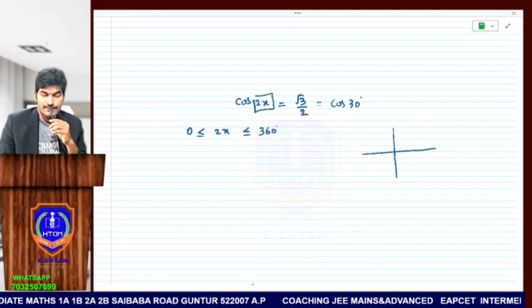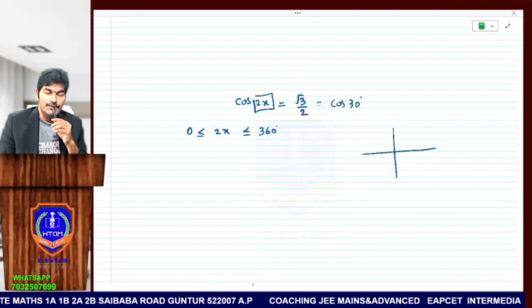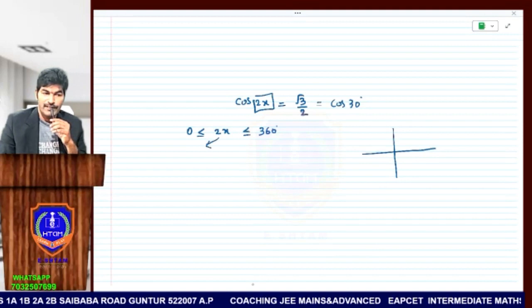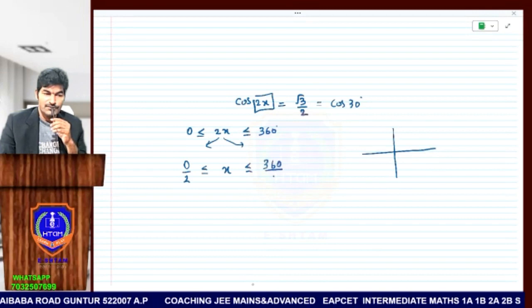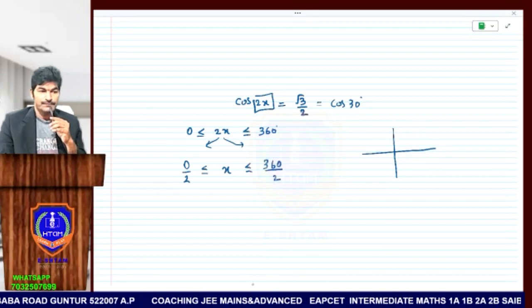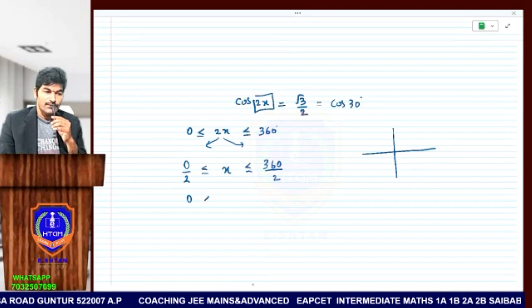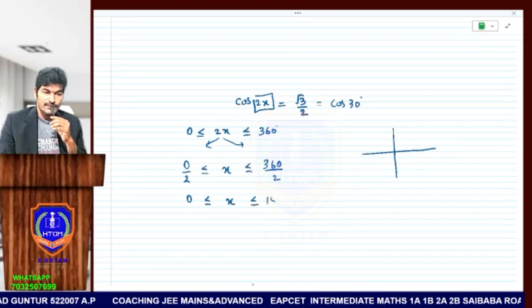Where does the x lie then? You have to divide by 2. So 0 by 2 less than or equal to x less than or equal to 360 by 2. Understood? So 0 by 2 is 0, less than or equal to x, less than or equal to how much is it? 180.